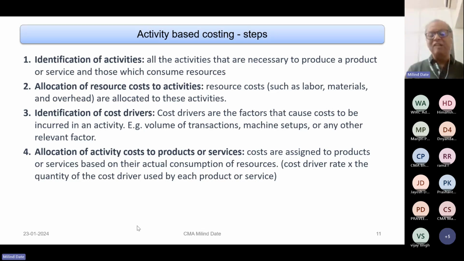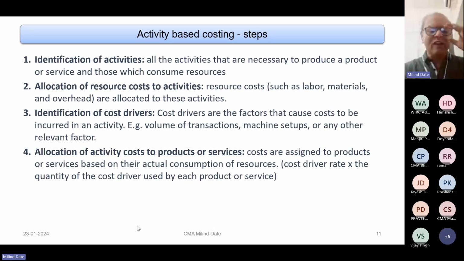And then obviously you will be able to get a better estimate of costs and more scientifically allocated overheads. It won't be as arbitrary as it was in the traditional way.